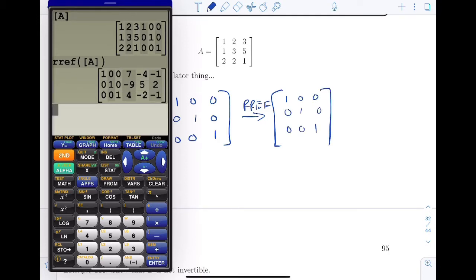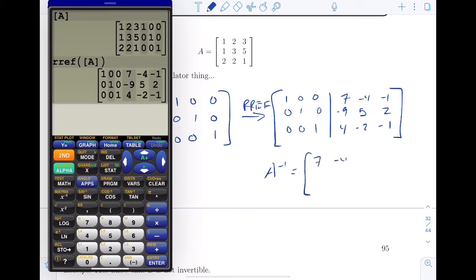Oops, not the right thing. Okay, 7, negative 4, negative 1, negative 9, 5, 2, 4, negative 2, negative 1. Therefore, A inverse is this matrix right here. 7, negative 4, negative 1, negative 9, 5, 2, 4, negative 2, negative 1.